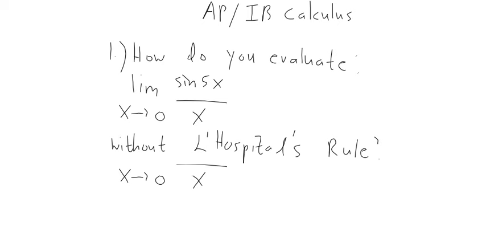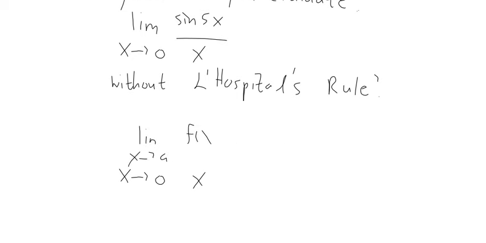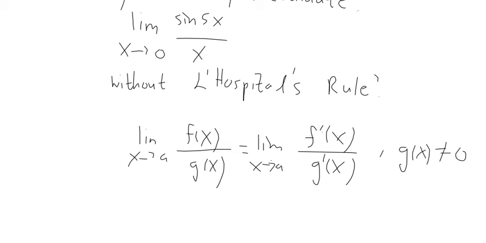It can be used on any limit where, when you test x as x approaches a, the quotient function f of x over g of x gives you an indeterminate form. Then the limit as x approaches a of f of x over g of x is equal to the limit as x approaches a of f prime of x over g prime of x, such that g of x cannot equal 0. That's when L'Hopital's rule works.